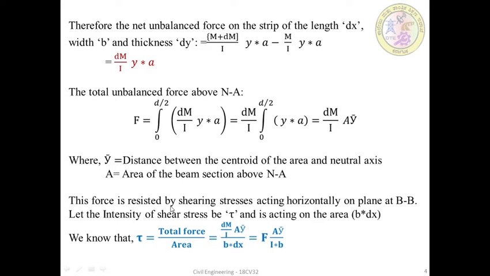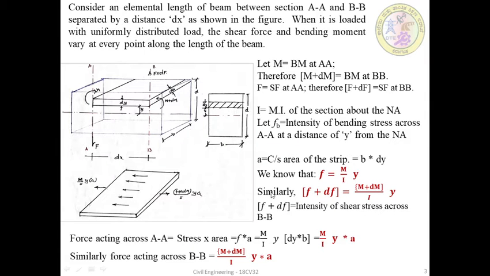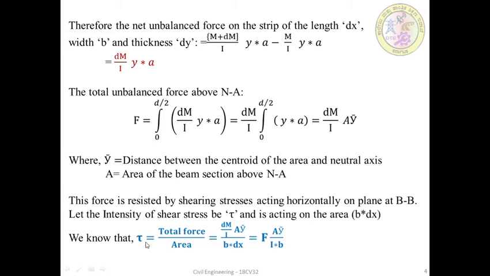So this force is resisted by the shearing stresses acting horizontally on the plane BB. Let the intensity of the shear stress be tau, acting on the area b into dx. We know that tau is equal to total force divided by area.